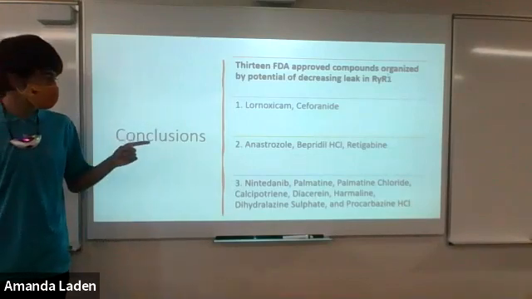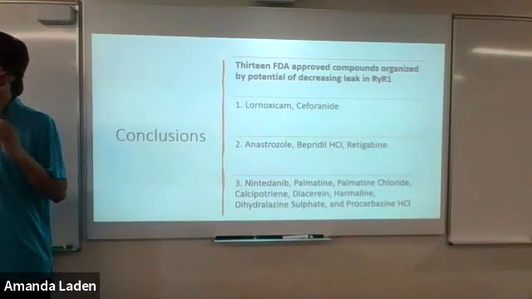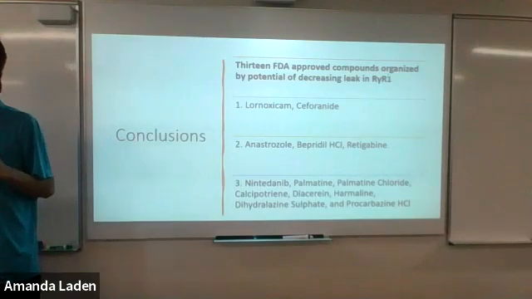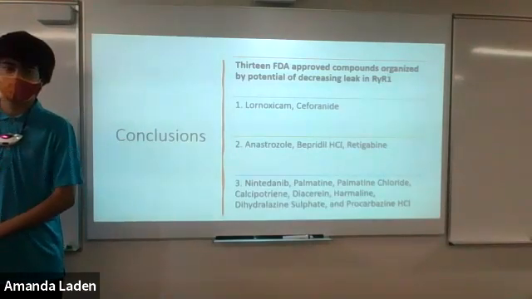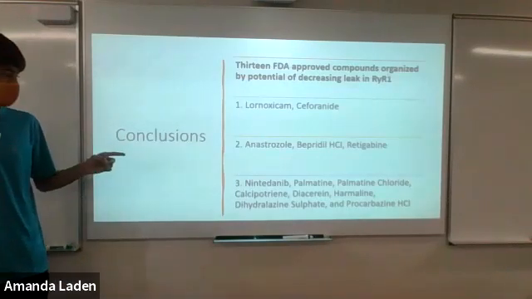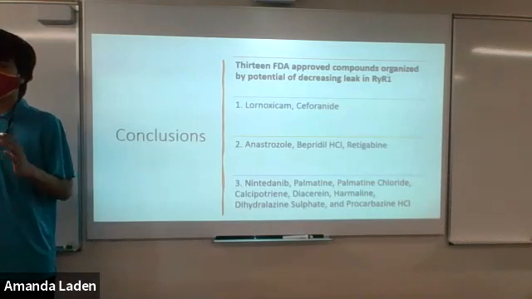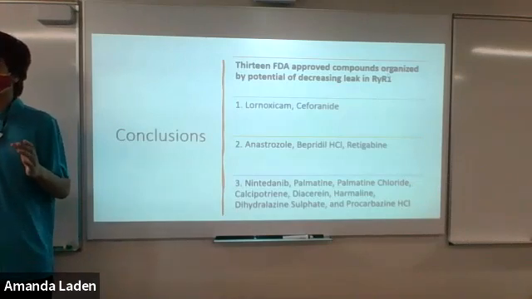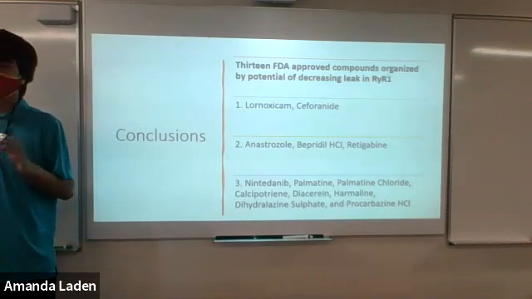In the second list are compounds that in the assays had a statistically significant decrease in the channel activity and a statistically significant increase as well. And third, we have the compounds which showed potential in reducing ryanodine receptor 1 activity, but were not tested.